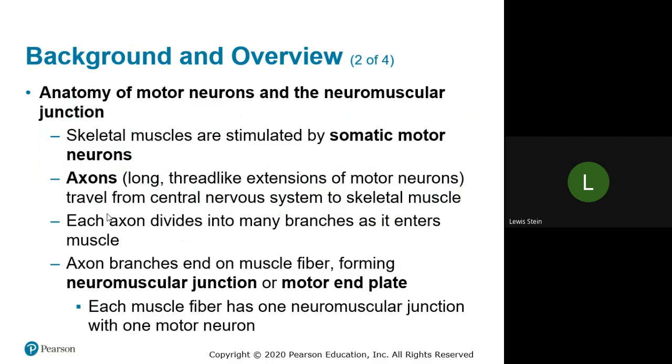That's how it works: how rapidly it comes across, what kind of contact point it is, how that neurotransmitter works, and what's going on with it. Each muscle fiber, each of those individual cells, has one neuromuscular junction with one motor neuron. Effectively, it's a branch.